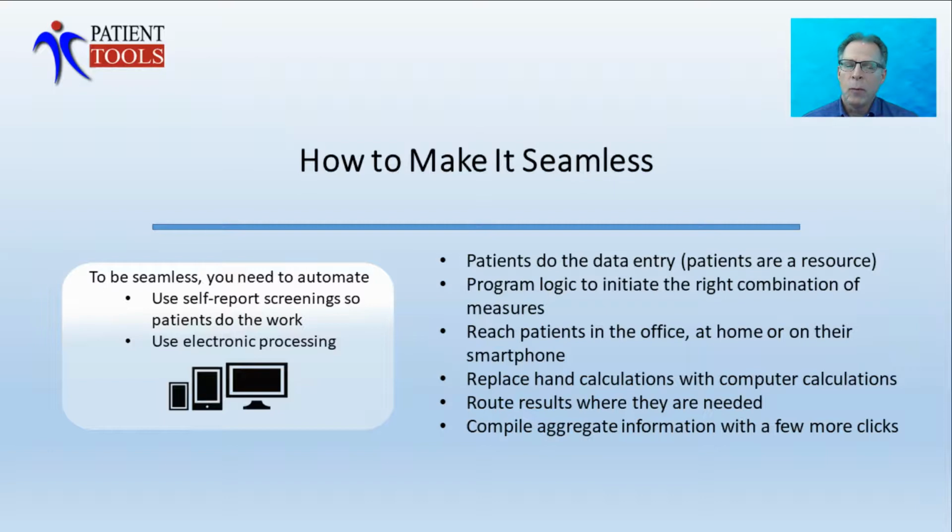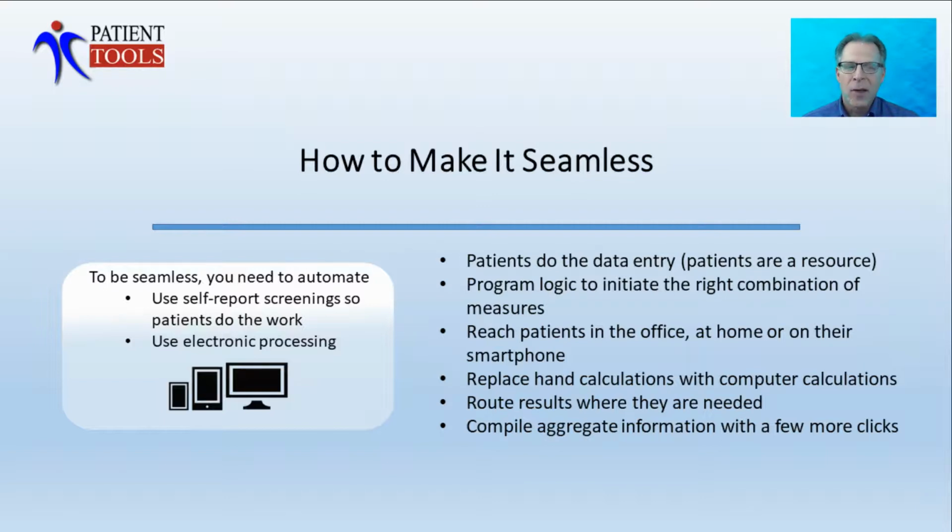So how do we make it seamless? If you go back to the early 2000s, it followed a lot of Don Berwick's work through the Institute for Healthcare Improvement. In any of his management classes, he comes back to this: what do you do when you're under-resourced or under-capable? You look for other resources, other ways to make things happen.